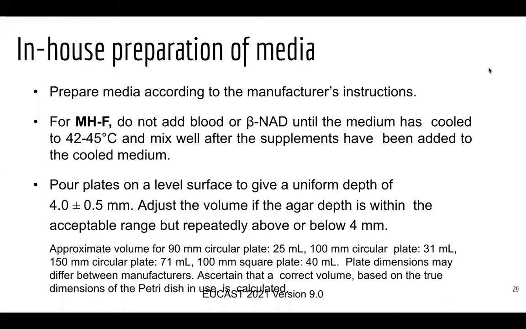You have to wait until it's cooled to 42 to 45 degrees, so we don't have lysis of those cells. Make sure it's cooled. Pour the plates on a level surface, make a uniform depth, and you'll find it's 4 to 5 millimeters, which is fine. I tend to get about 25 mils for a typical circular plate.